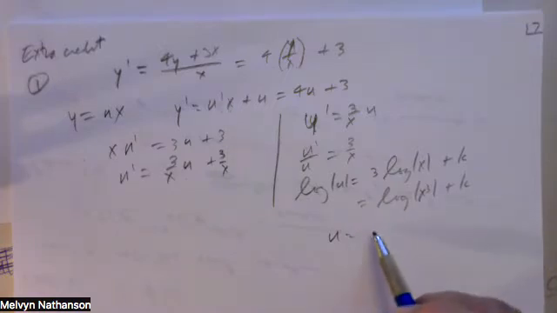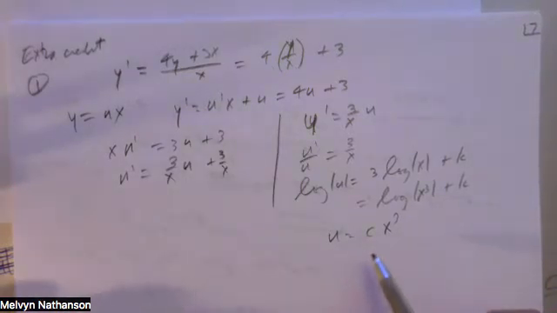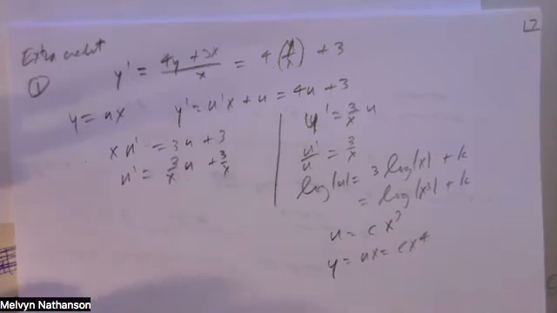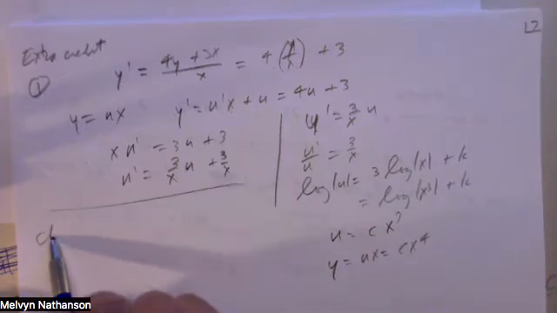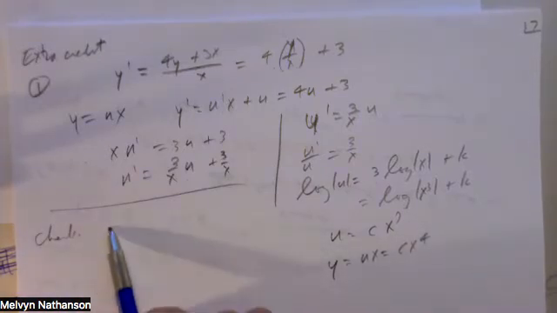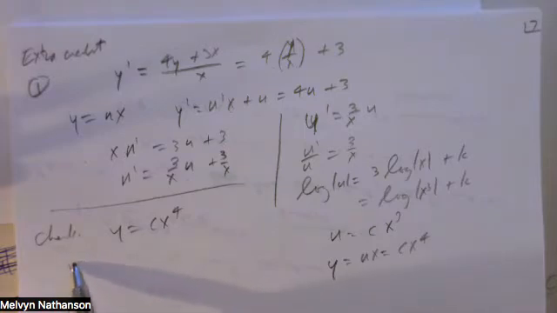If you exponentiate, you get c x cubed. And y is u times x is c x to the fourth. Let's see if this is correct. Let me check. So if y is cx to the fourth, then y prime is 4cx cubed.